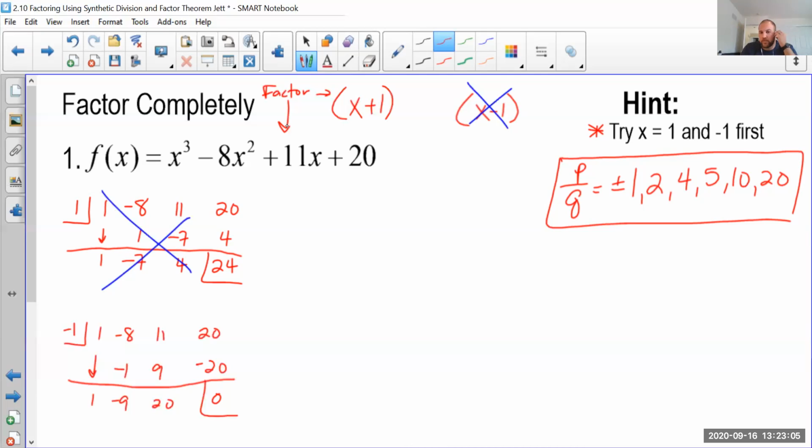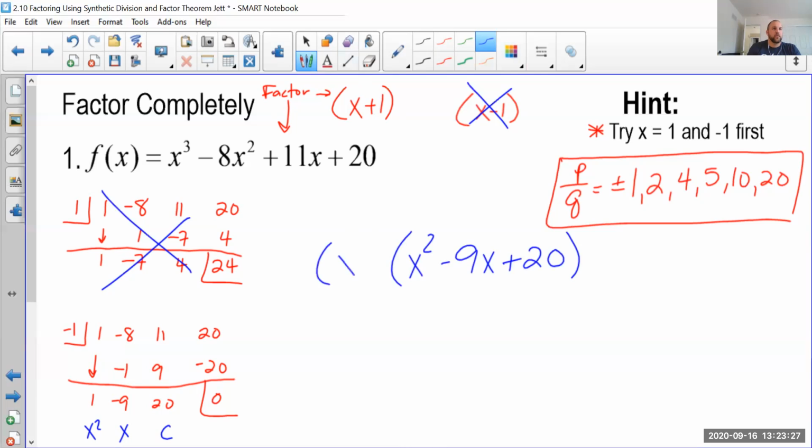And so now we're really at the same place that we were on those first problems we did. We now have x squared minus 9x plus 20, and then I have this factor that I just found, x plus 1. And then I just have to keep going and factor the rest of the way. So I'm going to factor this right here using my x method.